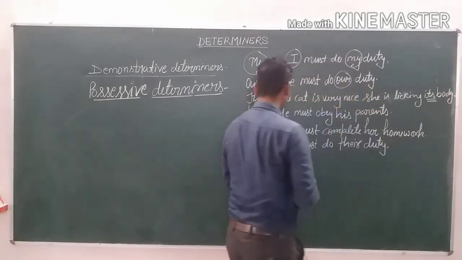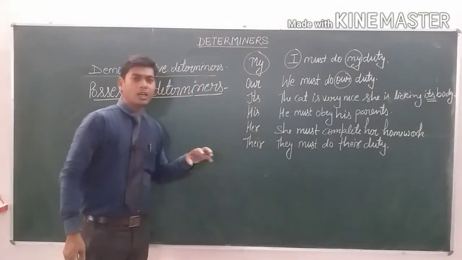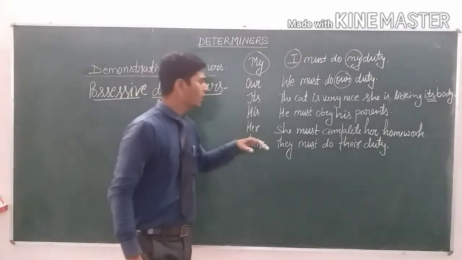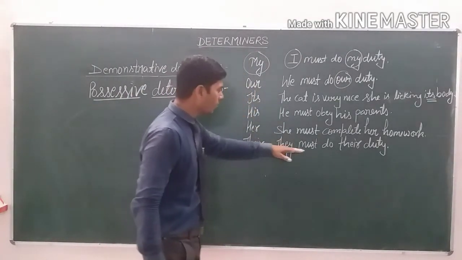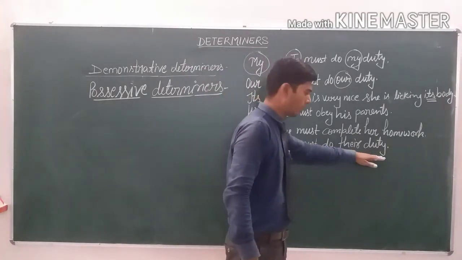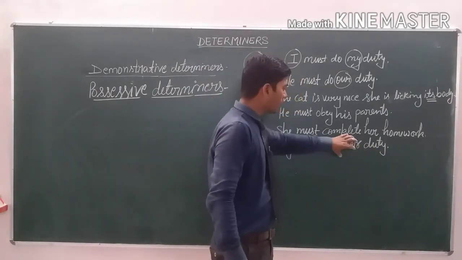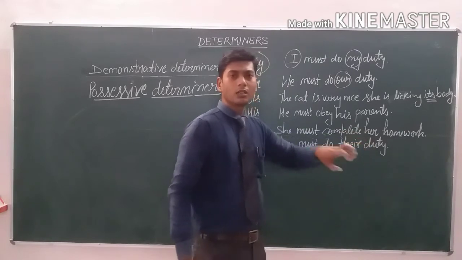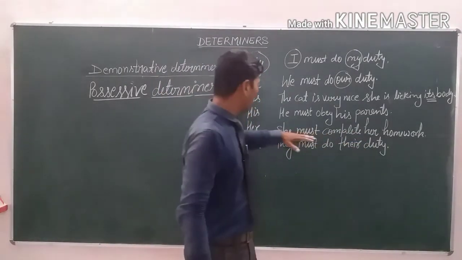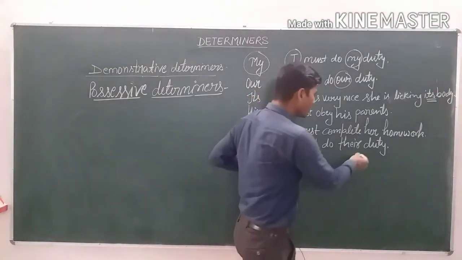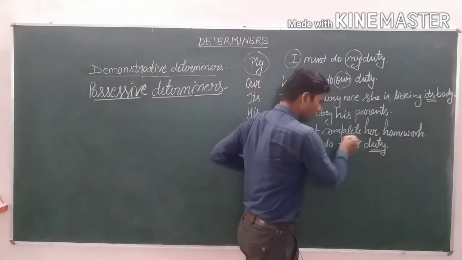Let's describe, analyze, clarify each sentence. In the last I have written they must do their duty. The word their is used here as a possessive determiner, right? Because it is used before the noun, okay?